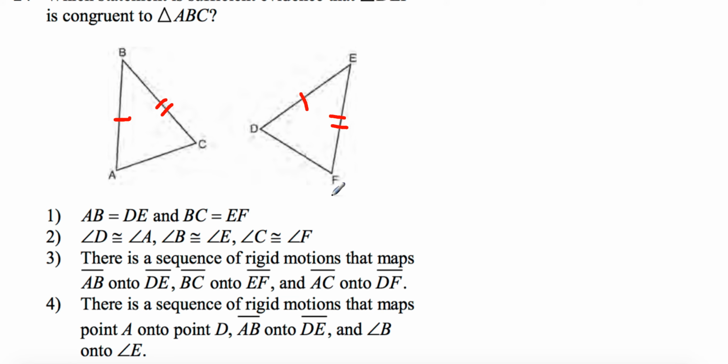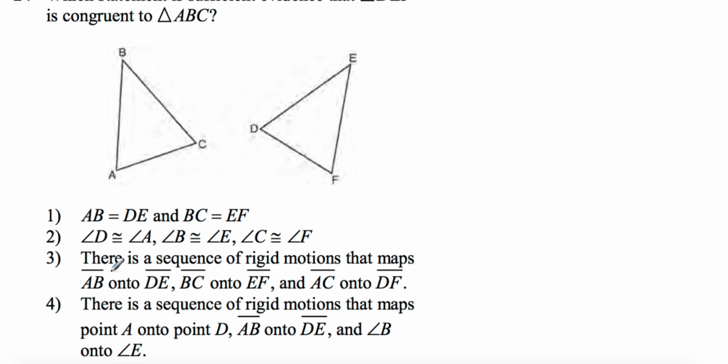Those are 2 conditions, but we need 3 conditions. So first one is not it. Sorry. All right, next. How about angle D? Oh, 3 pairs of the angles can only show that the 2 triangles are similar. In fact, you just need two of them, but that's not going to cut it.